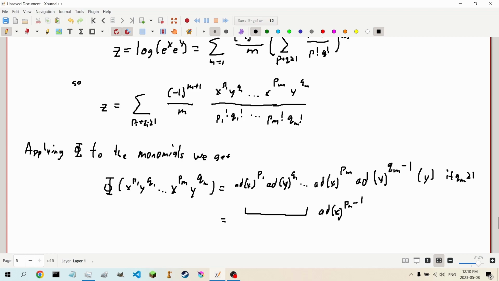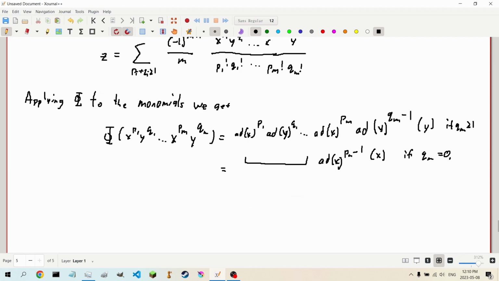You split one off, and this acts on x. Now, we get that this is 0 if qm is at least 2, or if qm is 0 and pm is at least 2.